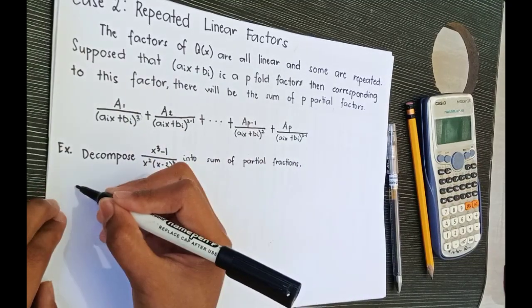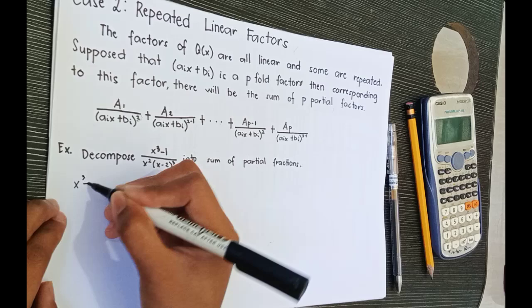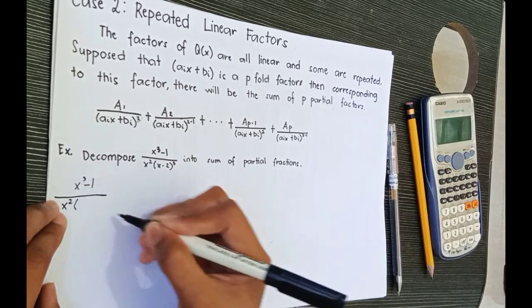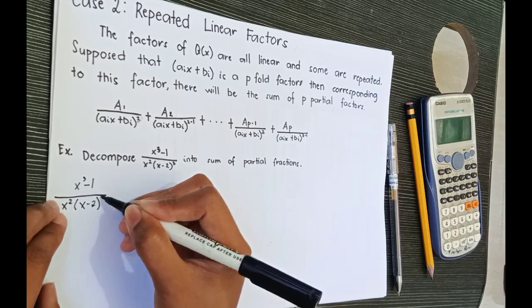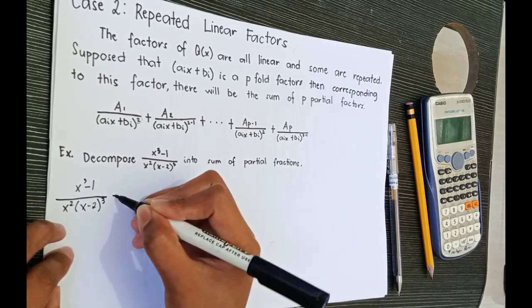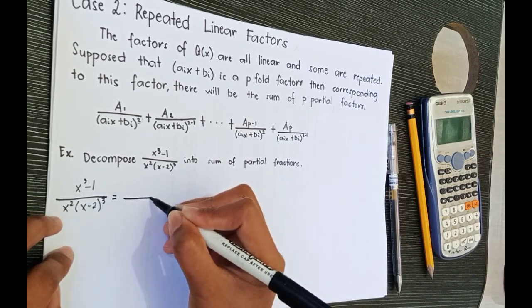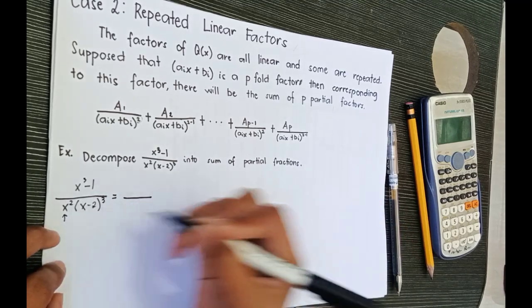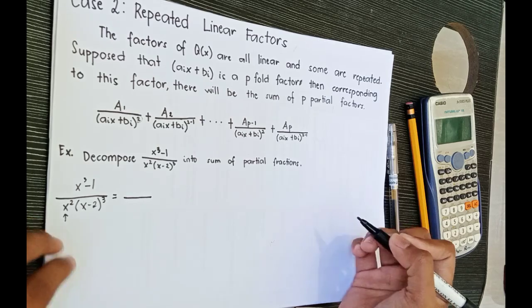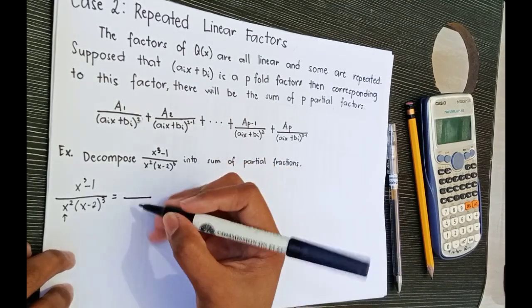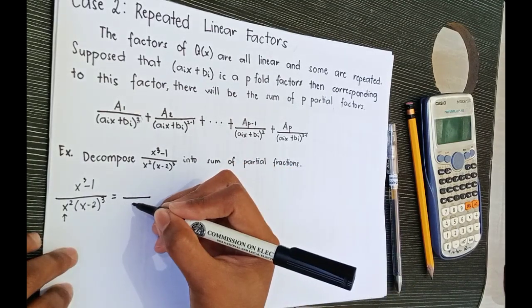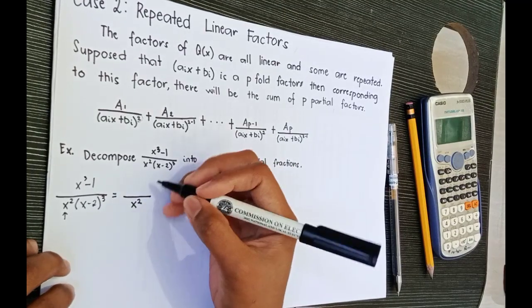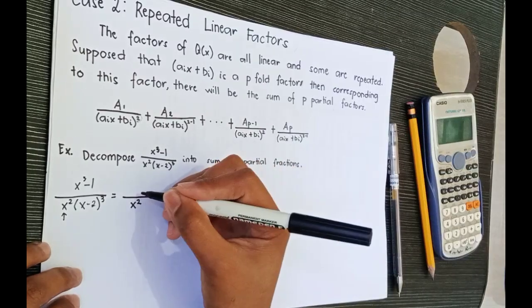So, decomposing this, we have (x cubed minus 1) all over x squared times (x minus 2) raised to the power of 3 equal to, we start with x squared since it is a repeated linear factor. We start with x squared and put a constant in the numerator.